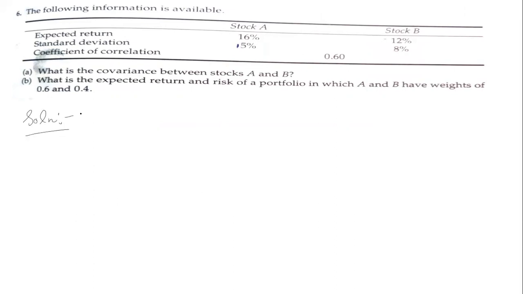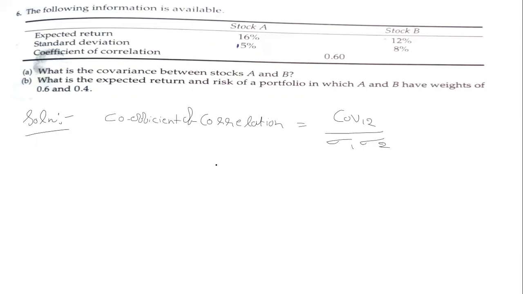He has given the coefficient of correlation. So we know the formula to calculate the coefficient of correlation: it is covariance 1,2 divided by standard deviation 1 and standard deviation 2.